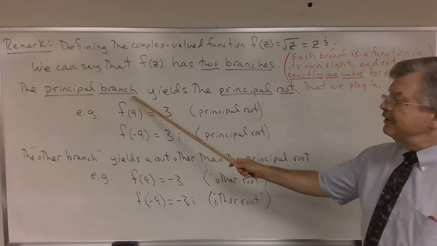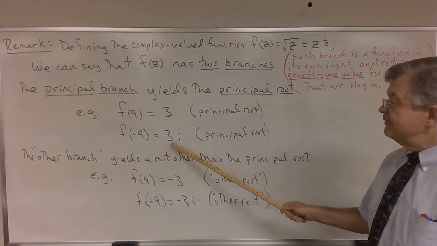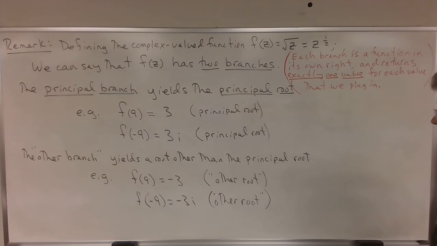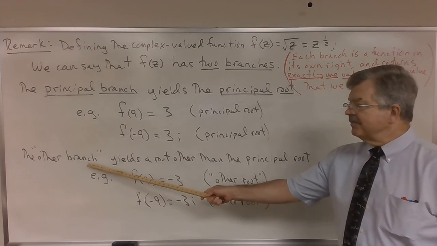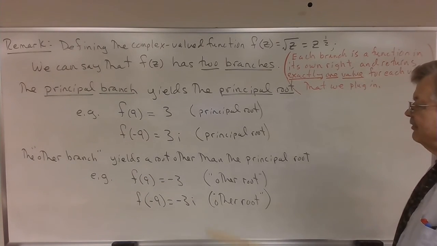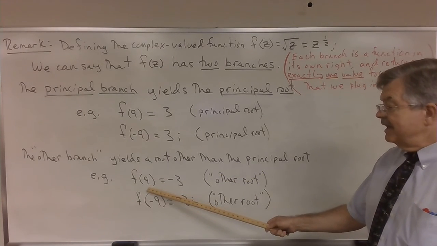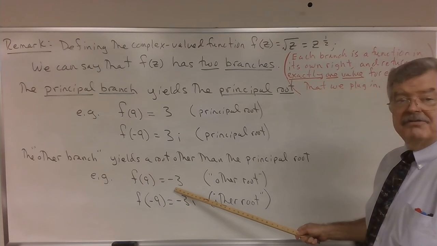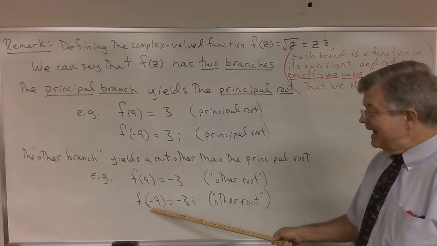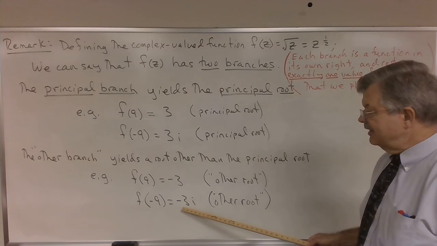When we plug in negative 9, it will give us the principal root, 3 times i. This other branch, and we don't really have a name for it, yields a root other than the principal root. We plug in 9, it doesn't give us the positive root, it gives us the negative root. We plug in negative 9, it doesn't give us the principal root, it gives us the other root.